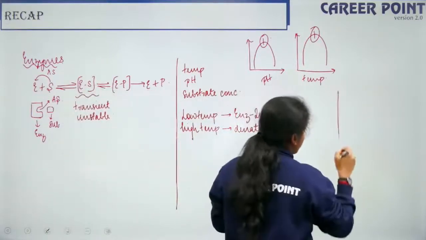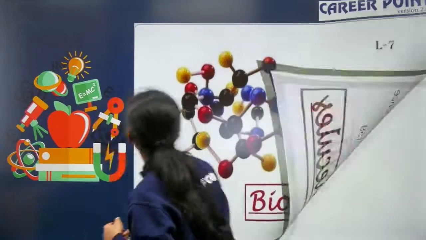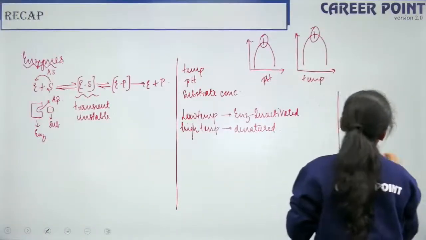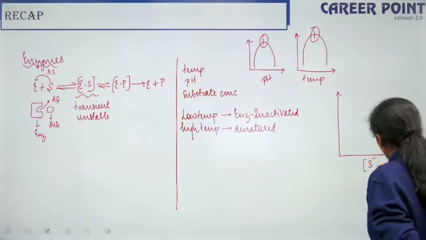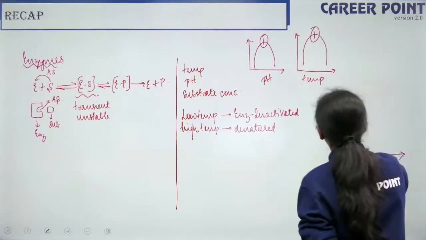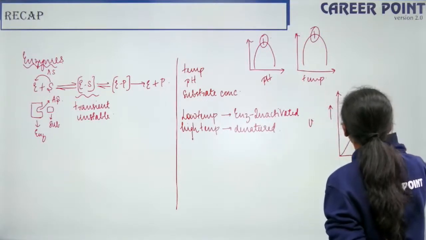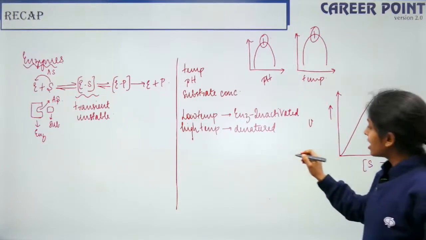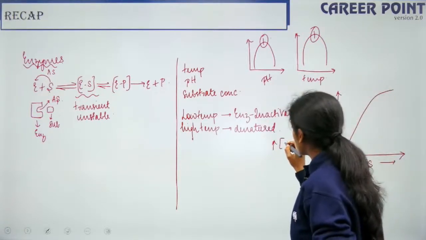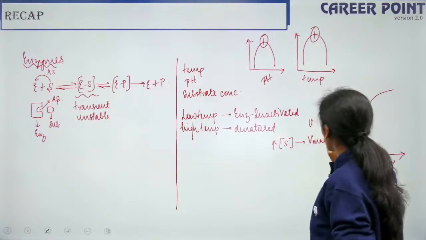Now talking about the last one, substrate concentration. We read this graph. Here is the substrate concentration, and this is the velocity of the reaction. As the substrate concentration increases, the velocity of the reaction increases. When there is maximum substrate concentration, the velocity is maximum, which we call Vmax.